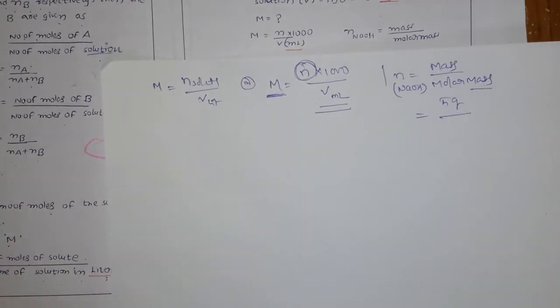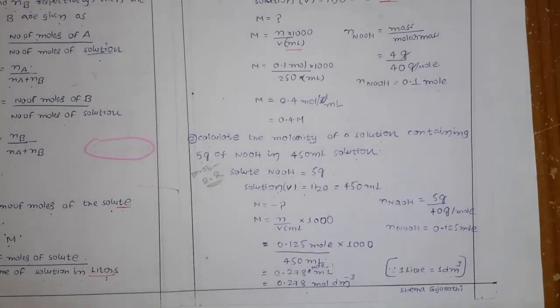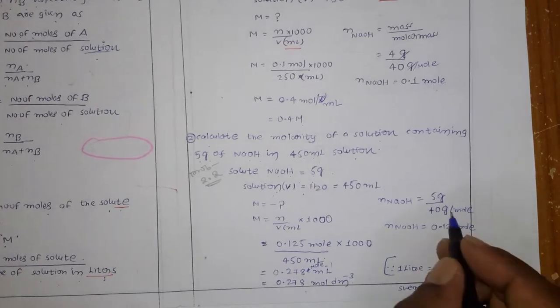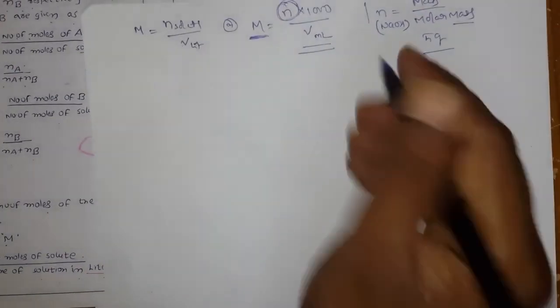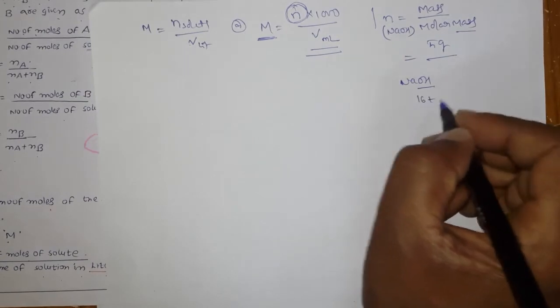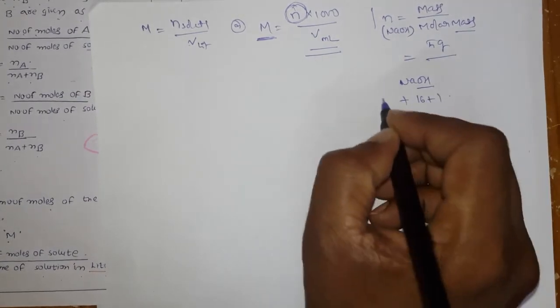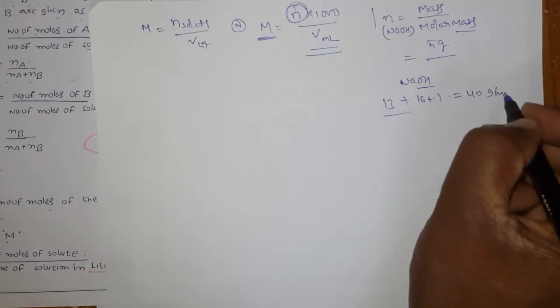Oxygen is 16, hydrogen is 1, so 17, plus sodium, the remaining 23. So overall sodium hydroxide is 40, that is 16 plus 1 plus 23, this is 40 grams per mole.